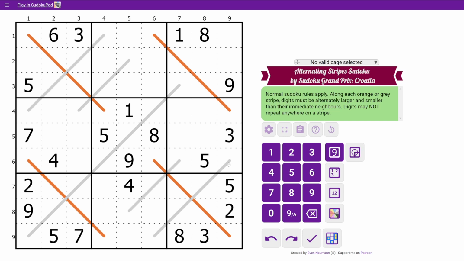Alright. So if it's small, big, small, big, something like that maybe. So does this mean this has to be a 4?